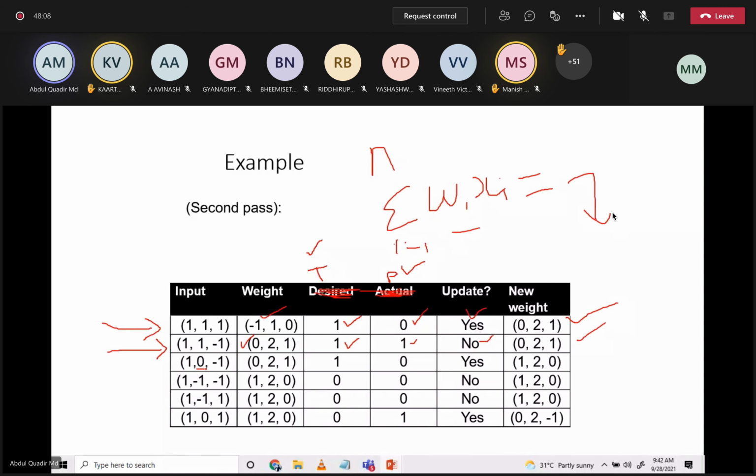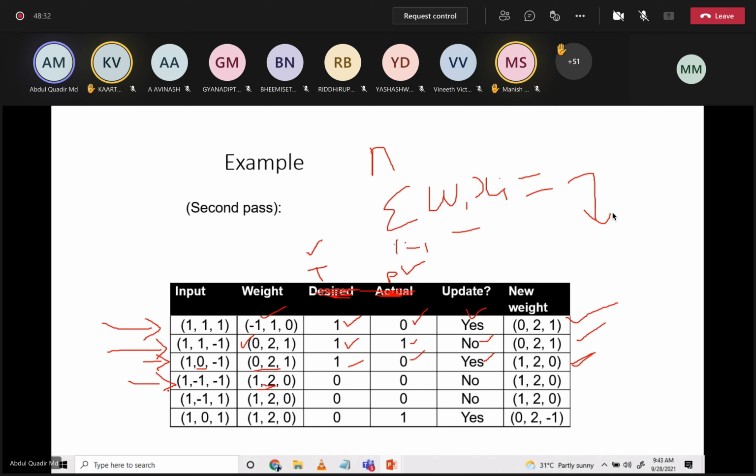Now when we run through the third input, there is a mismatch, so the weight updation is required. We apply the weight updation formula, so we get this. Can you see? The weights have been changed from 1 to 0. You need to always carry over the new weights.